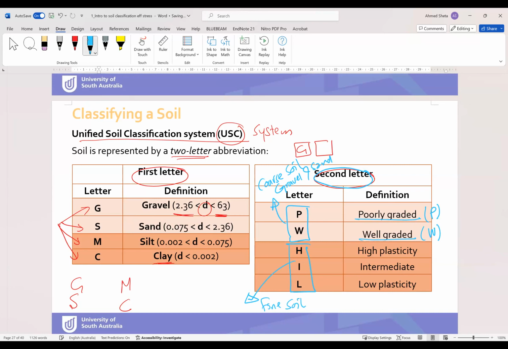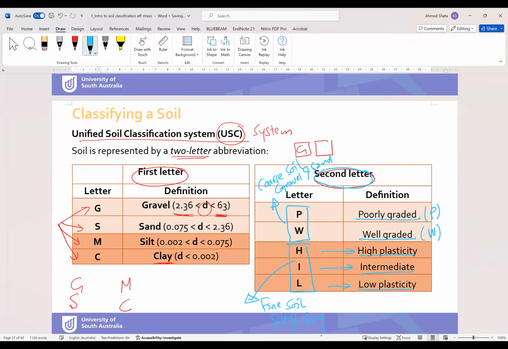What are the fine soils we have here? Silt and clay. So for silt and clay, we have a different classification. We have H for high plasticity, I for intermediate, L for low plasticity. So for the fine soil, we have three second-letter classifications, and for the coarse soil, we have two.